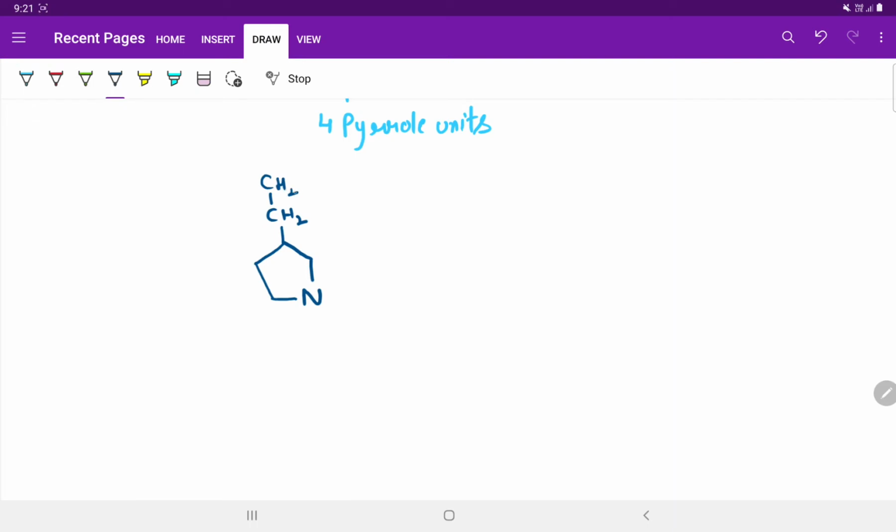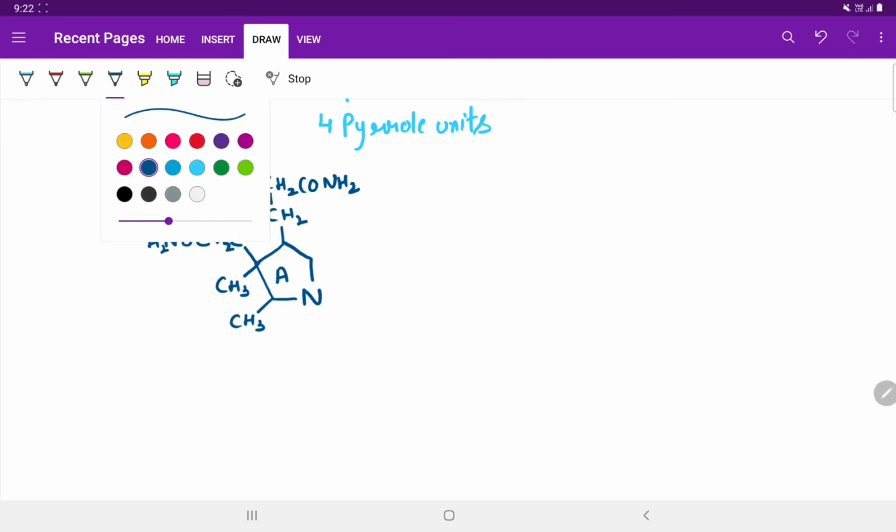So I shall be highlighting each one here. So you can see here that acetamide and methyl both are attached, and at this position the methyl group is also attached. So this is our first pyrrole ring structure. So similarly, through a methane bridge, a second group is also attached, we can see here.